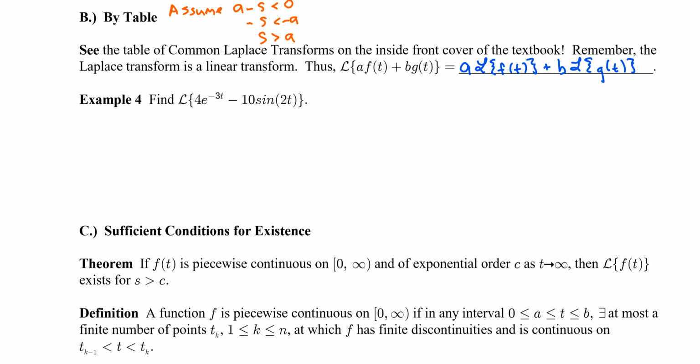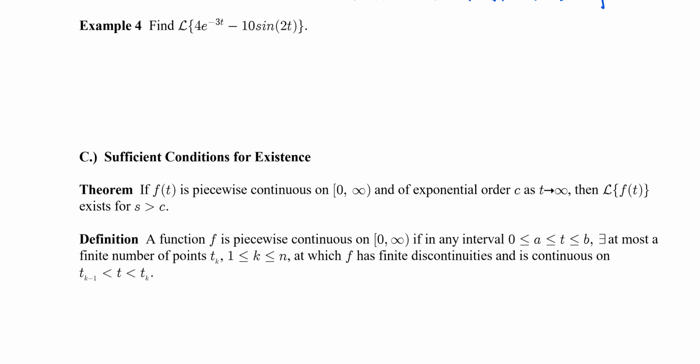Okay, let's give this a try. Find the Laplace transform of 4e to the negative 3t minus 10 sine of 2t. Applying our linearity property, we could rewrite this as 4 times the Laplace transform of e to the negative 3t, that looks like e to the at, the one we just derived, minus 10 times the Laplace transform of sine of 2t.